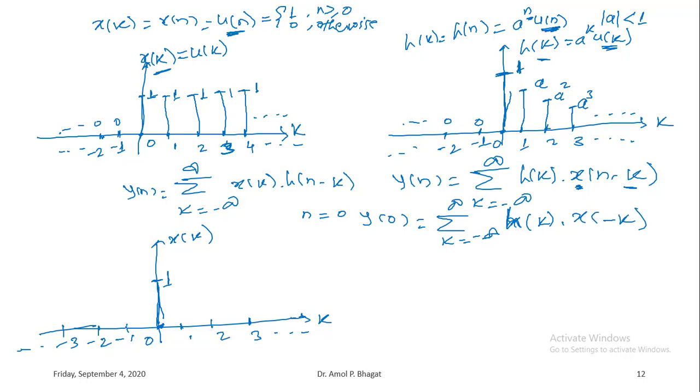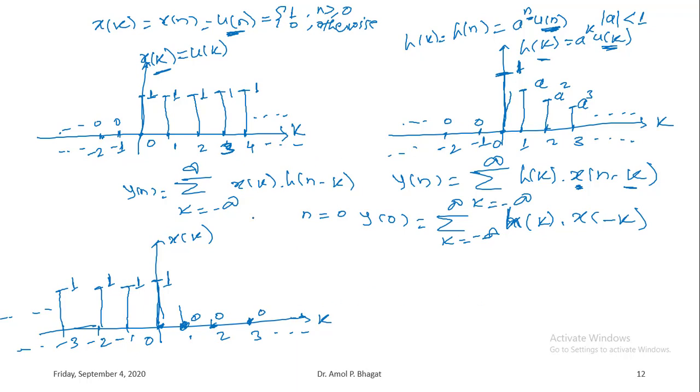At -1 it was 0 initially, but the values on the right hand side of the origin will be shifted to the left hand side of the origin. So at -1 it will be 1, at -2 it will be 1, at -3 it will be 1, and so on. Everywhere on the left hand side it will be 1. At 1 it will be 0, at 2 it will be 0, at 3 it will be 0.